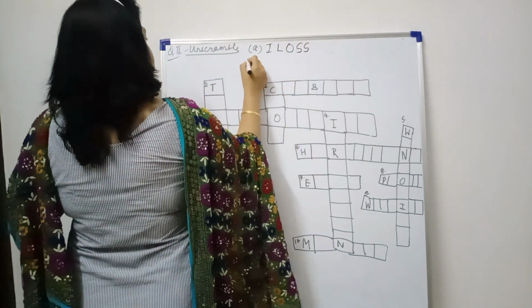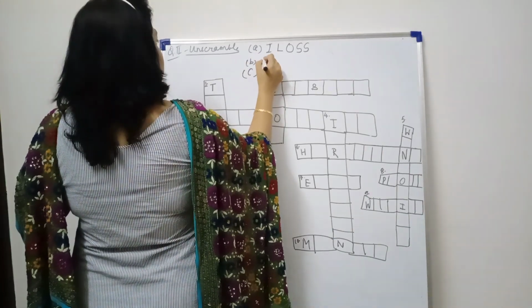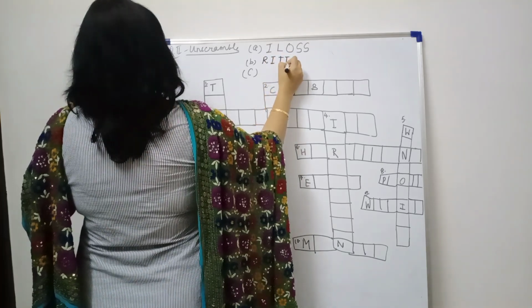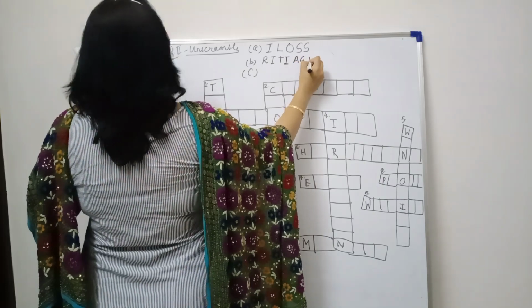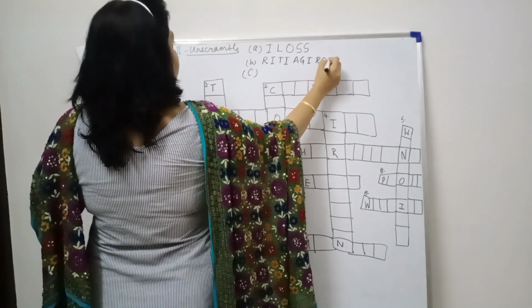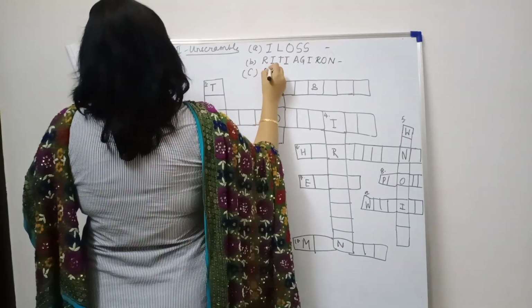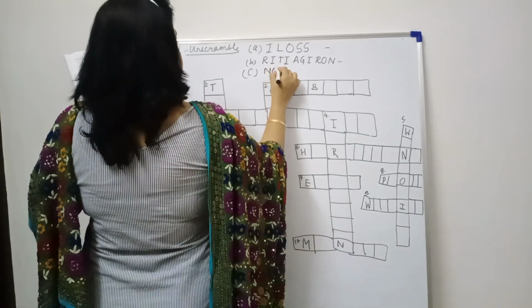You have to unscramble this. B part, you have to unscramble RITIAGIRON. What letter it will form? And last one, that is NGIREHPSH.